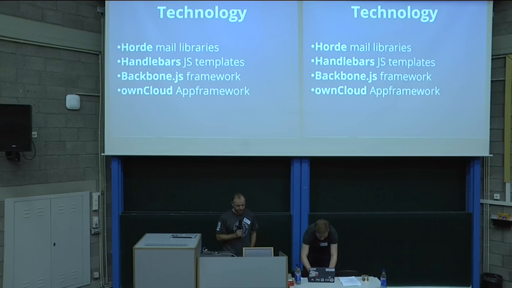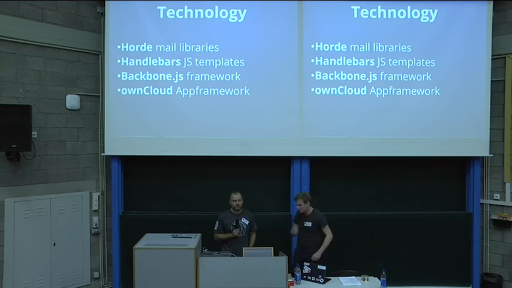Therefore we use Handlebars, a JavaScript template language. The framework we use for all this JavaScript stuff is Backbone.js, where we can have things like model and view parents in there. And on the server side, we have everything based on the app framework and RESTful controllers, RESTful routing, things like that.